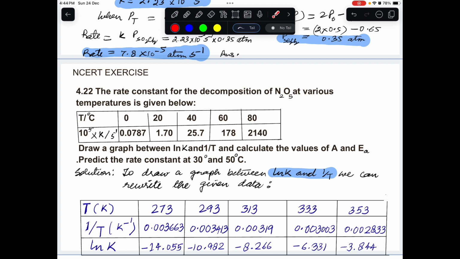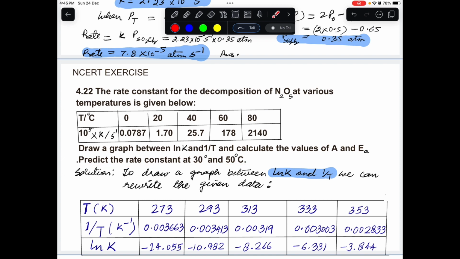What we have to do is draw a graph between ln k, or natural log of k, and 1 by T, and calculate the value of A and EA. That is, A is the pre-exponential factor and EA is the energy of activation. And one more thing, predict the rate constant at 30 degrees and 50 degrees Celsius.